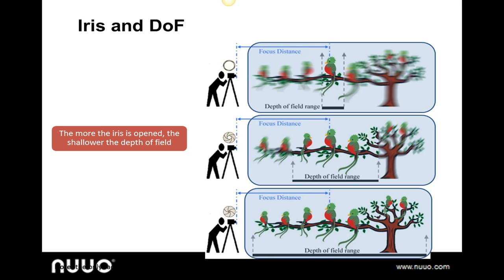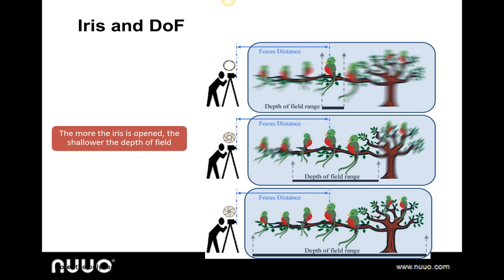It has an iris fully opened, therefore the depth of field is shallow. In contrast, on the bottom picture, the iris is very small, almost closed, but we have a very deep depth of field range.